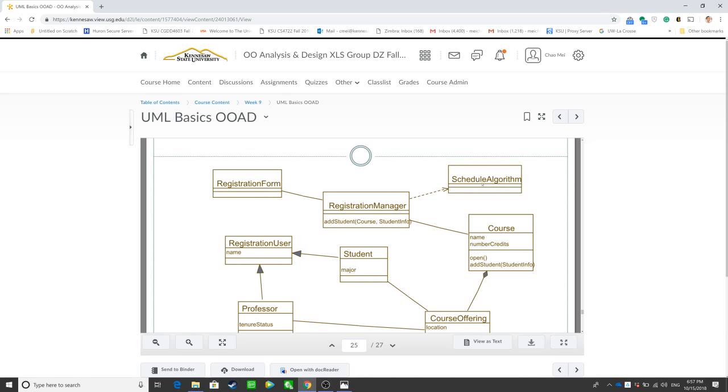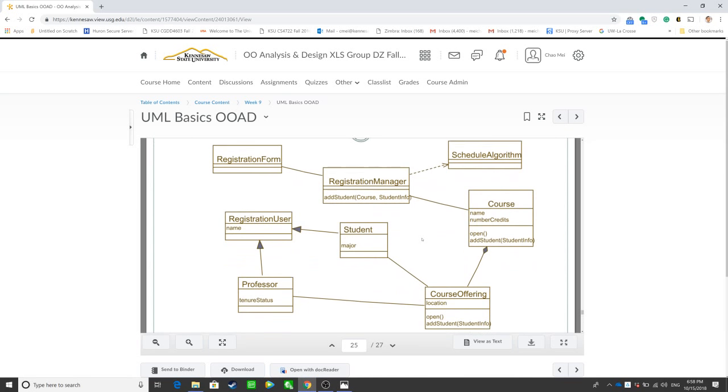It means if we have something change in the schedule algorithm, it may affect the registration manager class. If A depends on B, a change in B will have some effects in A.